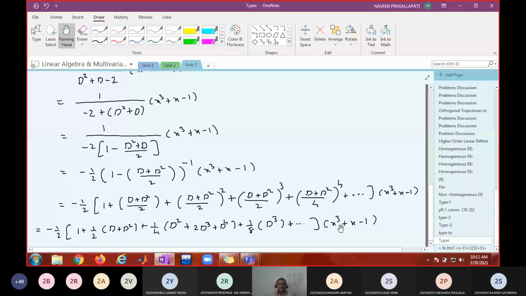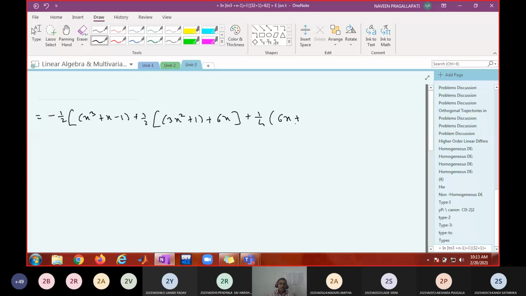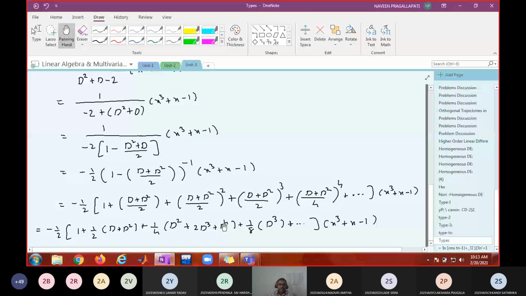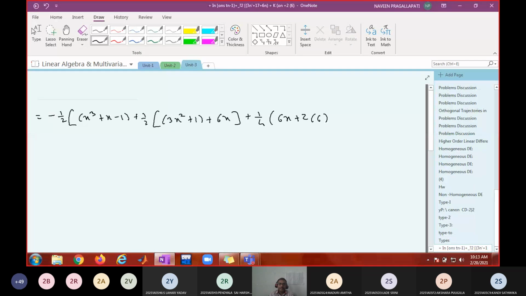D square is 6x, so d cube will be 6. So 2 times 6. And d power 4 of this polynomial will be 0. Plus 1 by 8 times d cube of this polynomial, which is 6. That's it. Remaining terms are all 0.